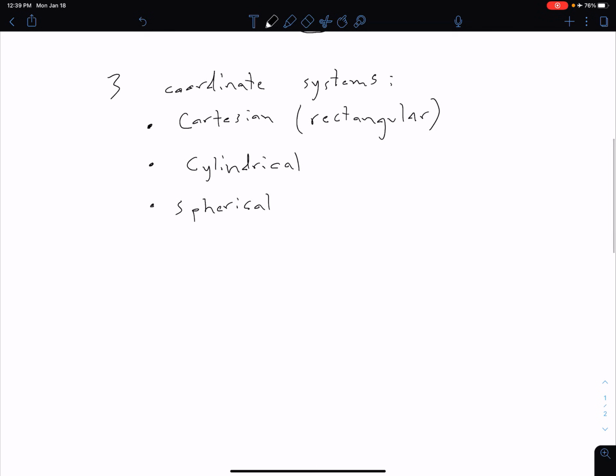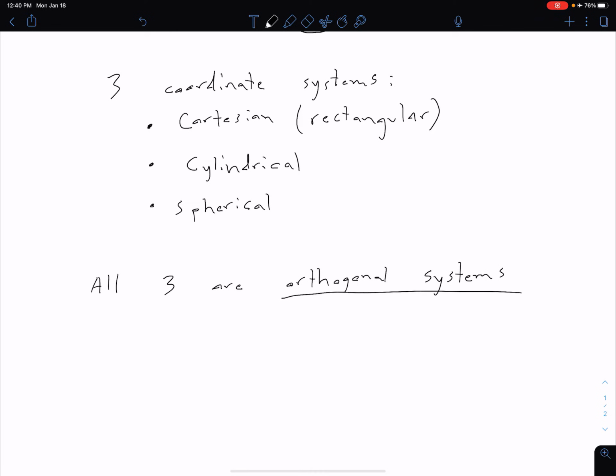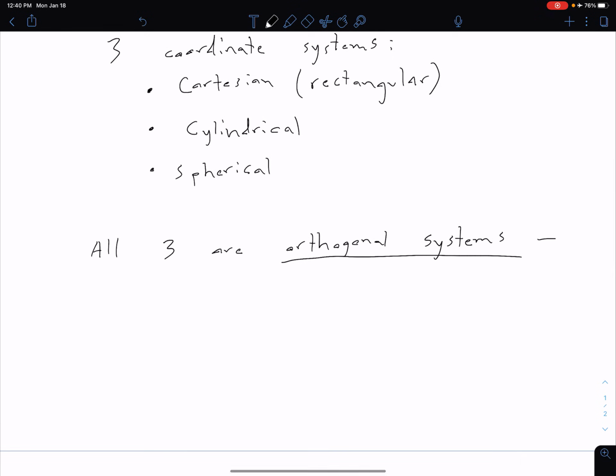Something to note is that all 3 of these are what we call orthogonal systems. Remember, we said orthogonal is really just another word for perpendicular. What this means is that our coordinate surfaces are mutually perpendicular, so they're all perpendicular to one another.